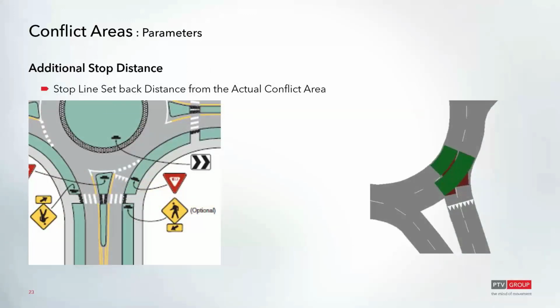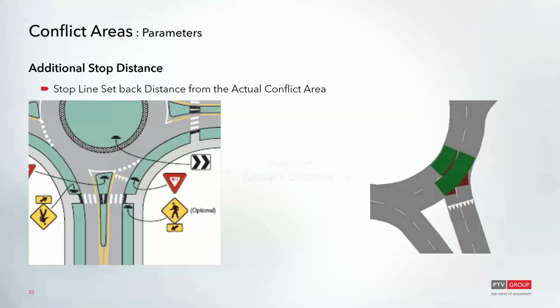And then for the conflict areas, we can also set an additional stop distance. Sometimes when the conflict areas are placed in the network, they might not be directly located at the actual stop bar where the vehicles need to stop and wait.